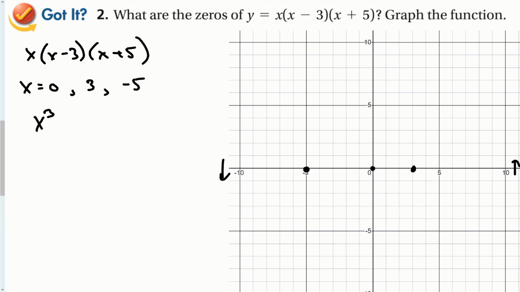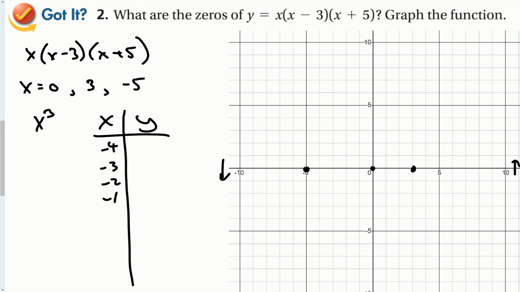You really just have to start plugging in all the numbers in between this. So this might take a few minutes, especially since I haven't graphed it yet. So let's do -4, -3, -2, -1. I have 0, 1, and 2.